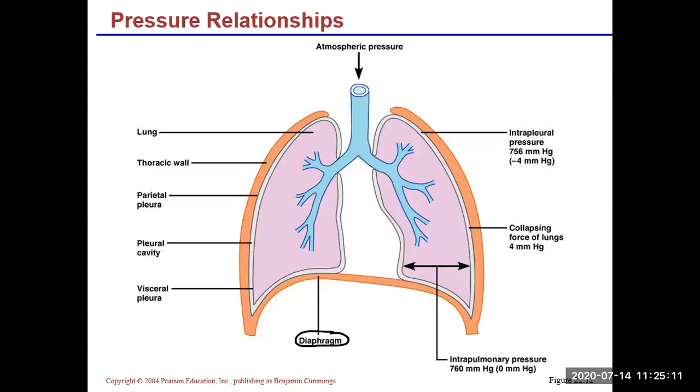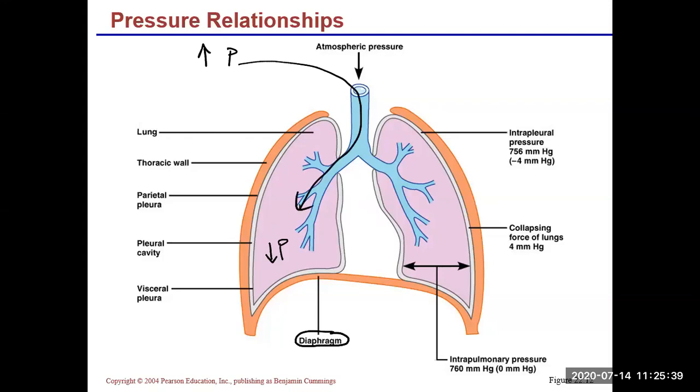In general, the pressure always goes from high to low. If you have a high atmospheric pressure, let's say 760 millimeters Hg, and a lower pressure inside the lungs, the pressure goes from high to low. So that's the order in which they go.